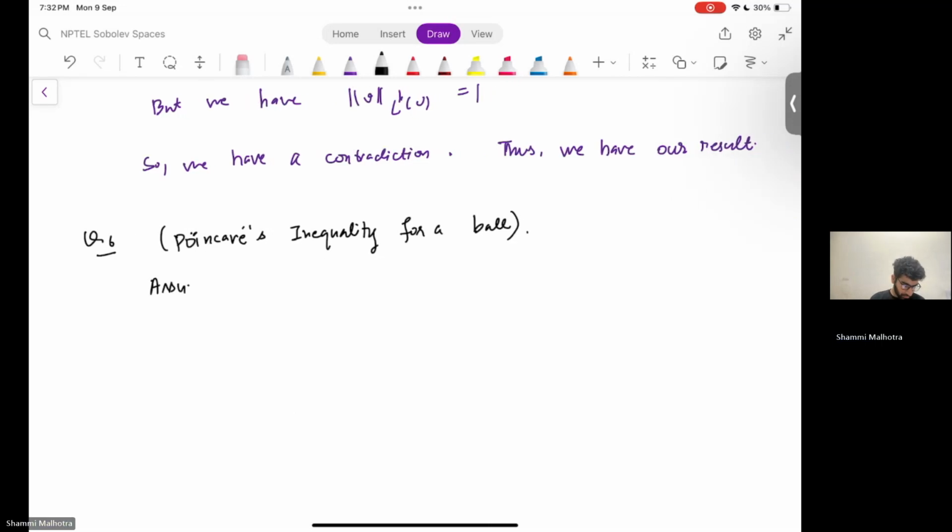Assume 1 less than p less than or equal to infinity.